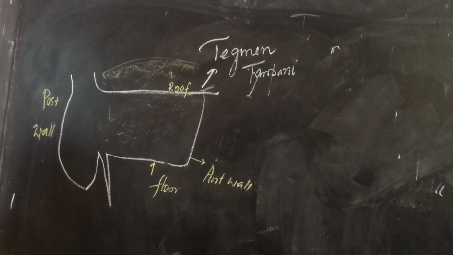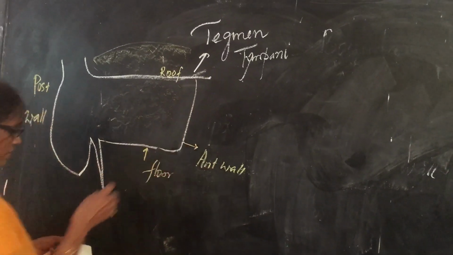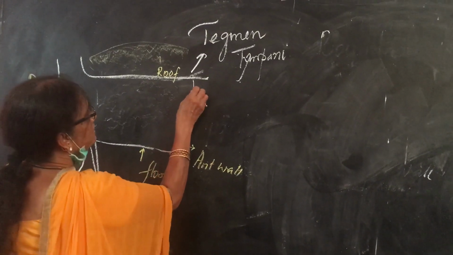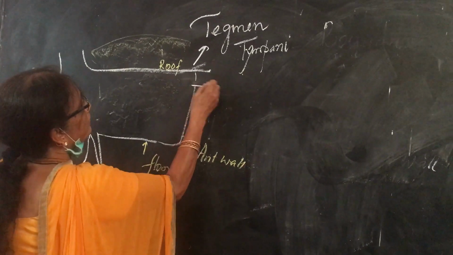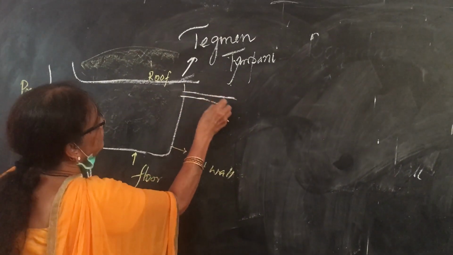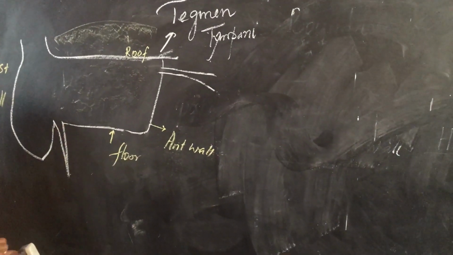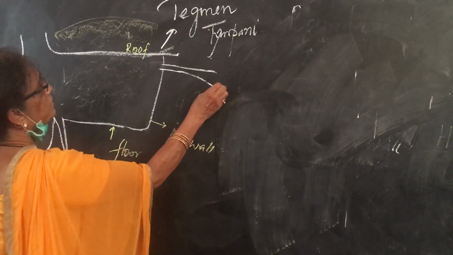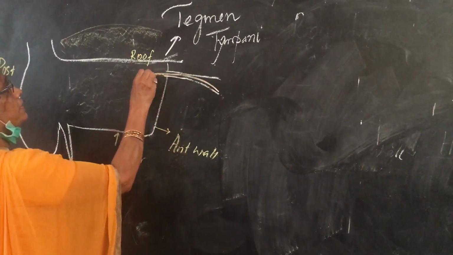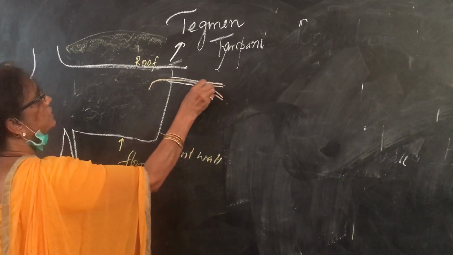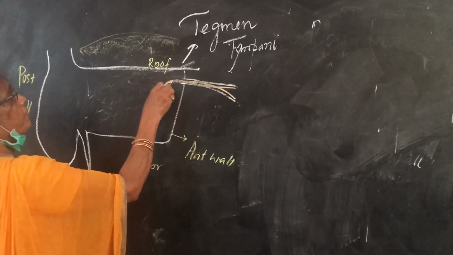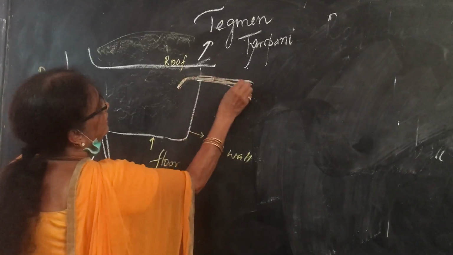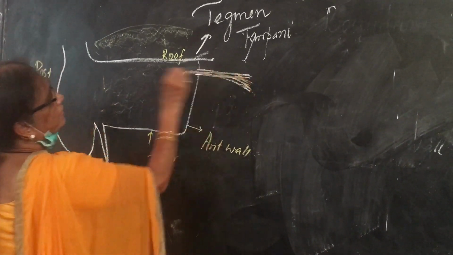Now coming to the anterior wall. Anterior wall has got 2 openings. Number 1, above, is the opening for the muscle you call tensor tympani. The tensor tympani takes origin from the cartilaginous part of the auditory tube and enters the canal.